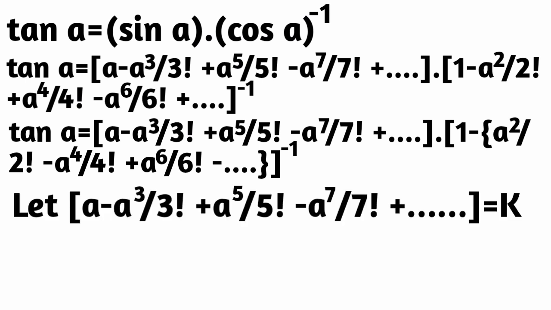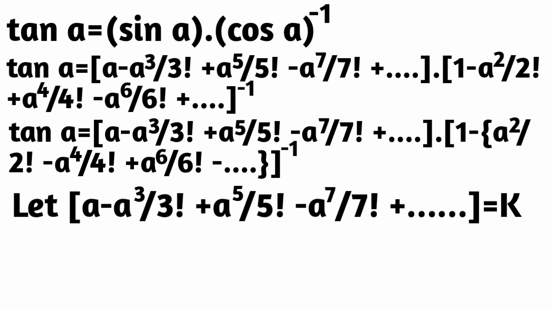We will use the concept of the binomial theorem, and we also take the value of sin alpha, which is alpha minus alpha power 3 divided by factorial 3 plus alpha power 5 divided by factorial 5 and so on, up to the infinity term, to be equal to k. So we can make the calculation of these two bracketed terms easy and understandable.